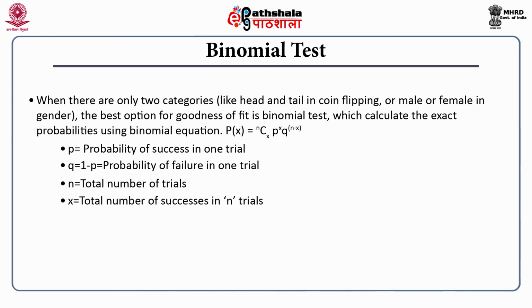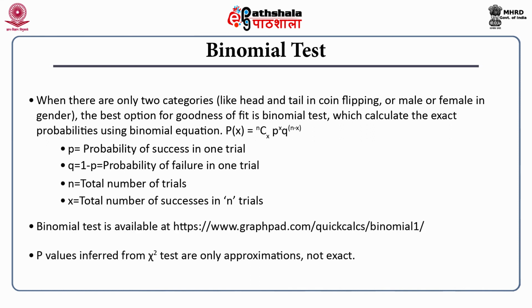The chi-square test gives only approximate p-values, but in the binomial test the p-value produced is exact, so it is a lot more preferable. The binomial test is again available through GraphPad's QuickCalcs. You can see that link in the links of the module, so you can check it out.